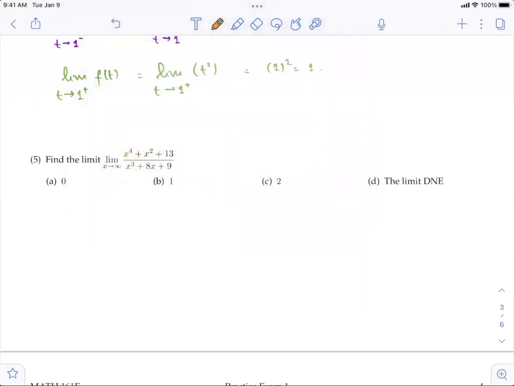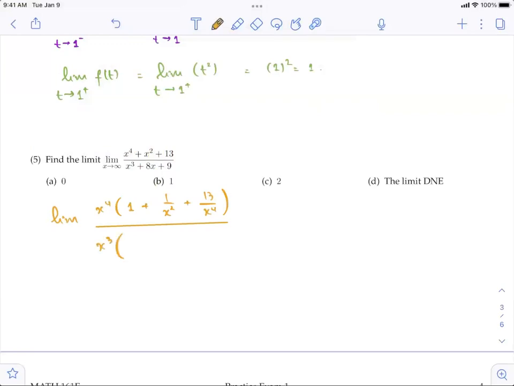On the numerator, the highest exponent is 4, so you take out x to the power 4 as a common factor, and you're left with 1 plus 1 over x squared plus 13 over x to the 4th, divided by the denominator. The highest exponent in the denominator is 3, so you take x to the 3rd power as the common factor.